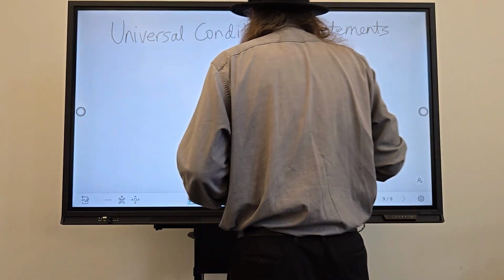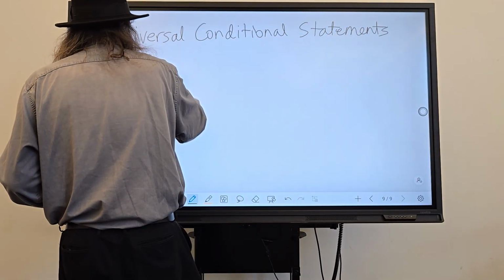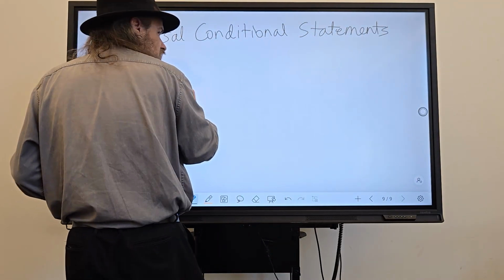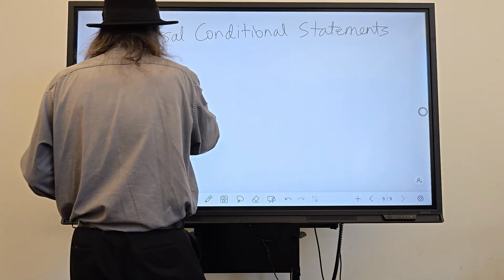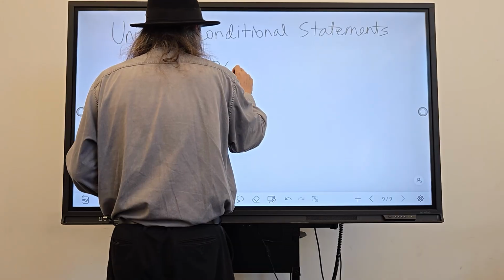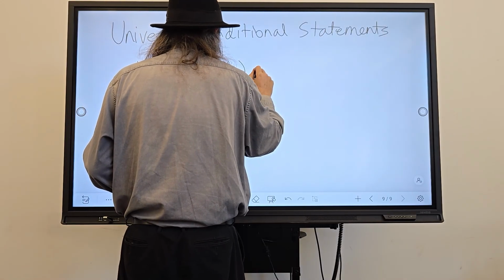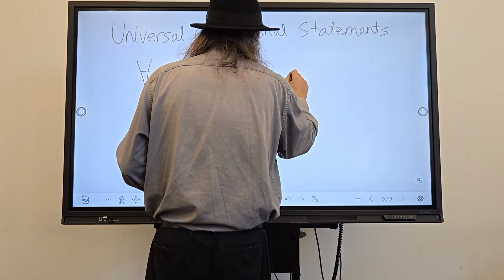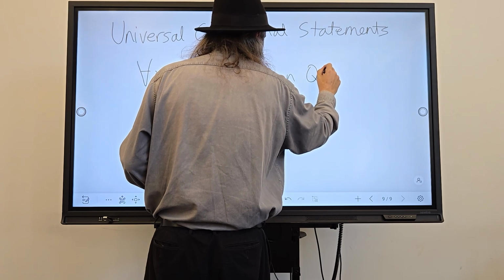They take the form for all x, if p of x, then q of x.